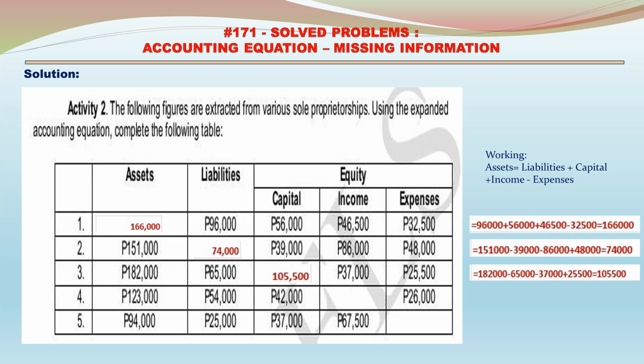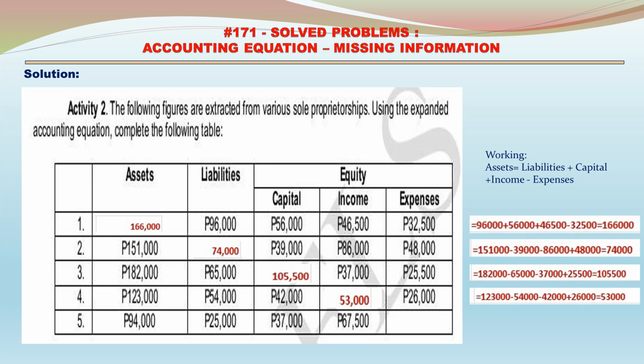Assets 182,000, liabilities 65,000, capital dash, income 37,000, expenses 25,500. The capital is 182,000 minus 65,000 minus 37,000 plus 25,500, 105,500 is the amount of capital.